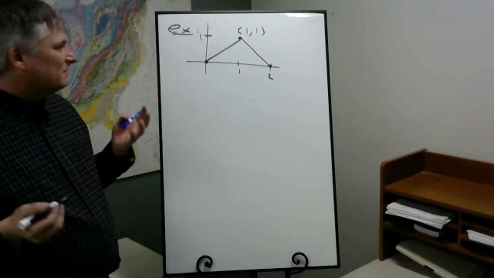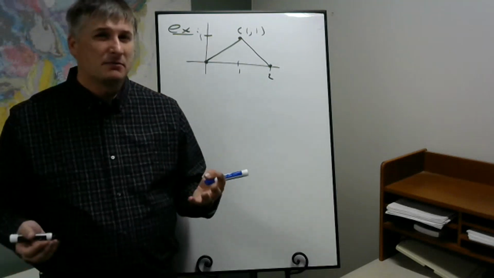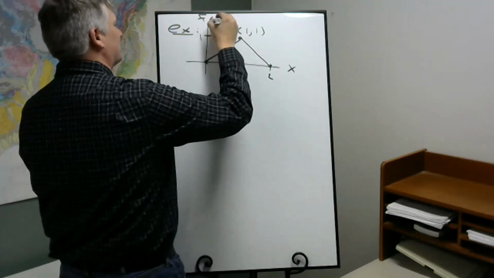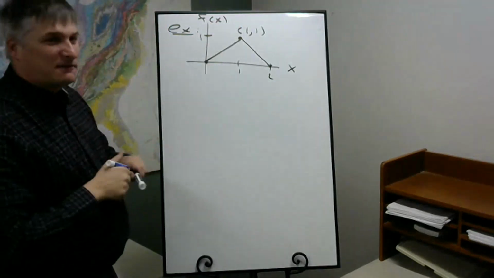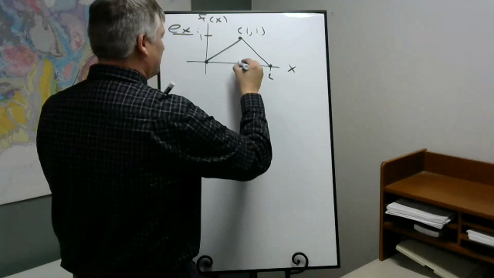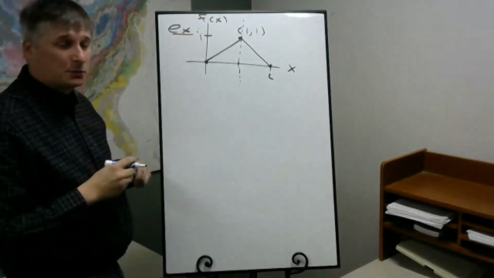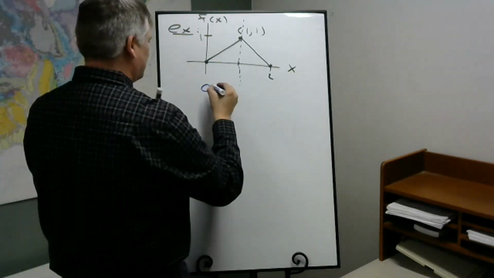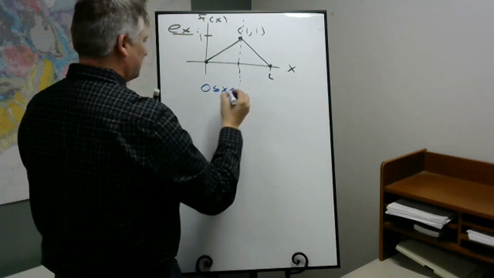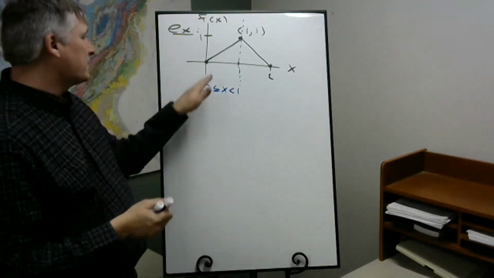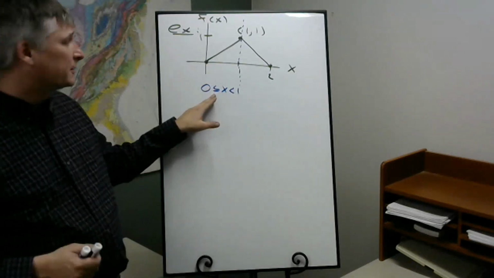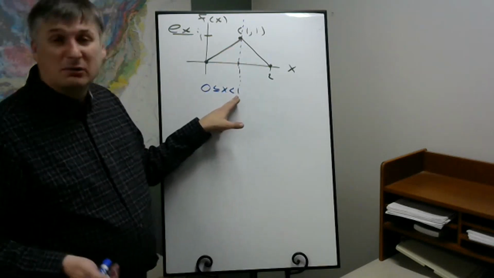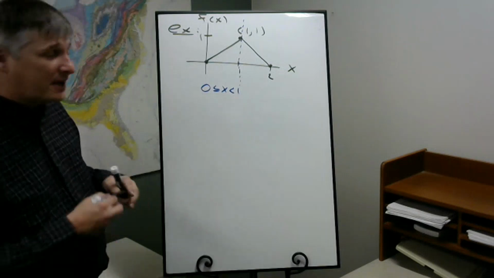Well, what we seem to have here are 2 phases of the relationship between x and f of x. And it looks like the phases have a boundary at x equals 1. We could call the first phase x between 0 and 1, because we start at 0. We're going to include 0. And we go to 1. And we could have said this equal to 1, but we could do less than 1. That's fine.